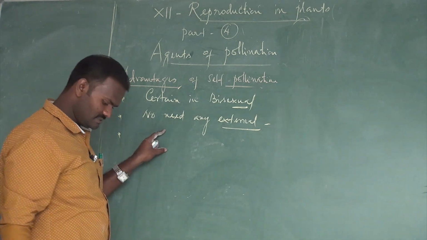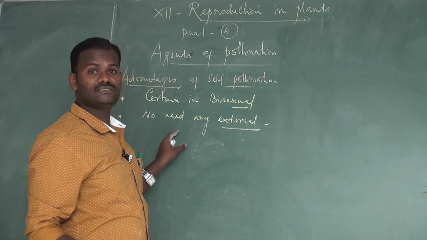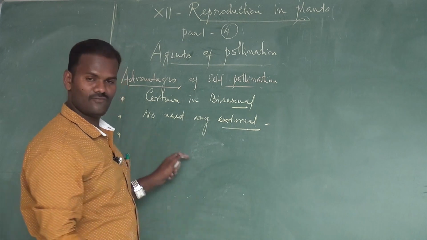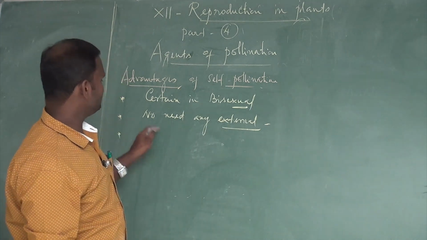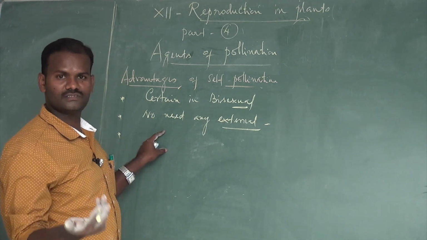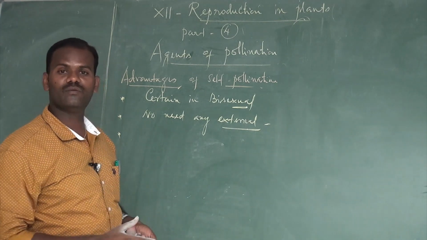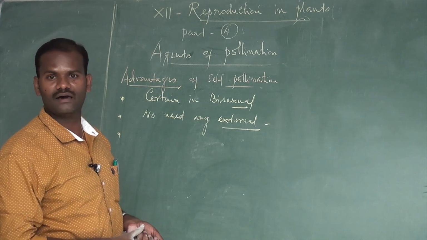See, pollination is essential for fertilization. As a result of fertilization, the ovary develops into fruit and the ovules develop into seeds. If pollination fails, there is no production of seeds. If there are no seeds, the generations become extinct and no new species originate.